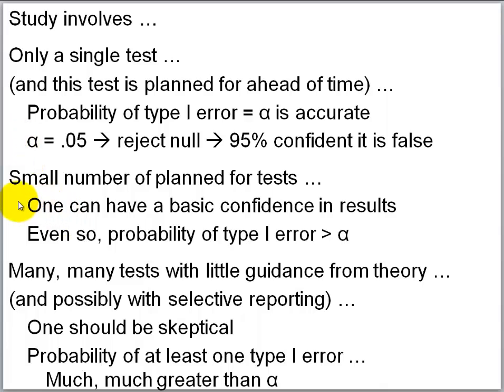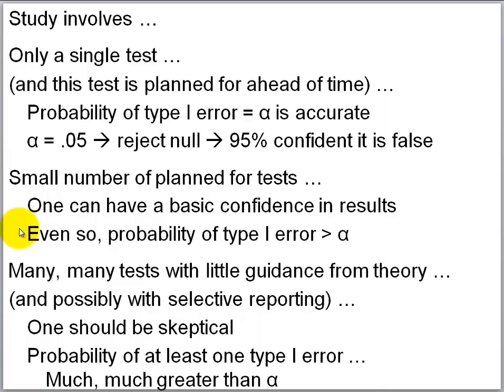Now suppose that a researcher conducts a reasonably small number of tests, and that basically these tests are planned ahead of time. In such a situation, you, the reader, can have basic confidence in the results. In other words, the tests are reasonably valid and the alpha level is reasonably accurate.